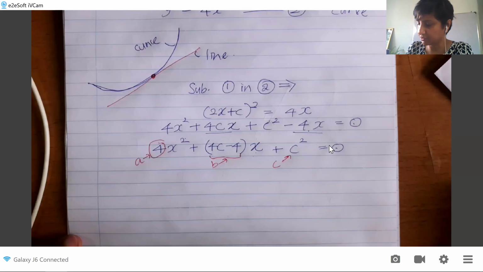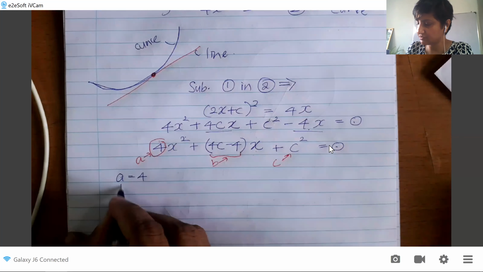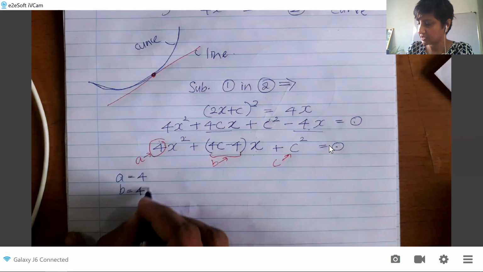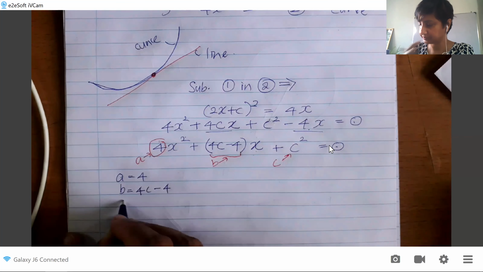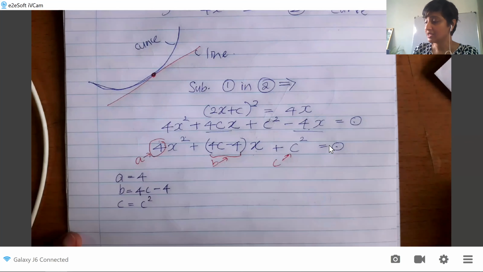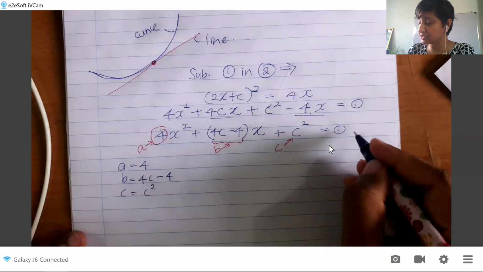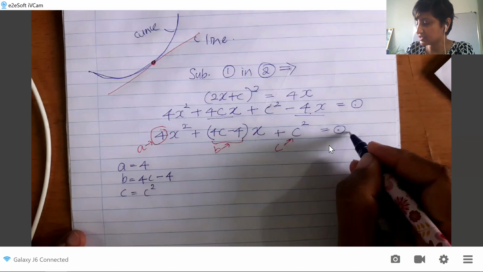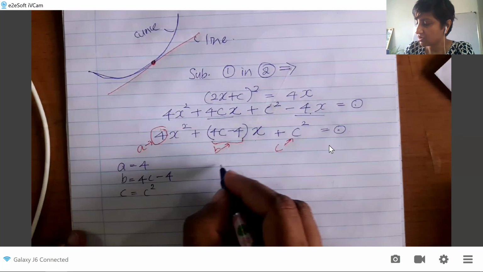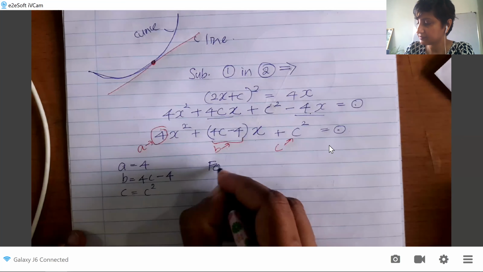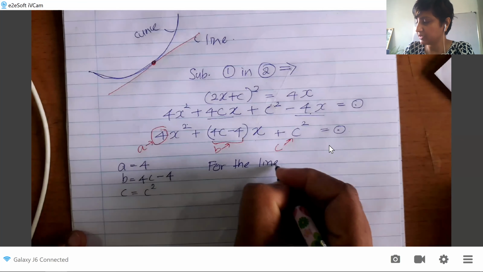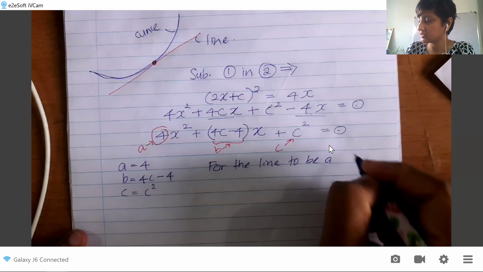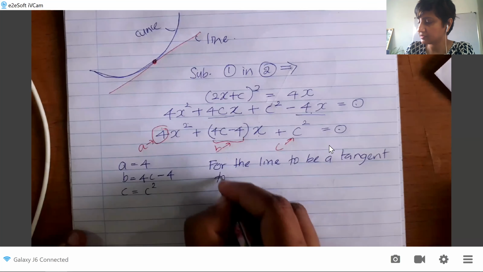A is 4, b is 4c minus 4, c is c squared. What needs to happen? The discriminant of this, let's write it. For the line to be a tangent to the curve, what must happen?